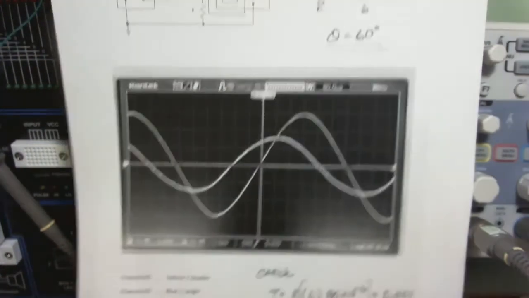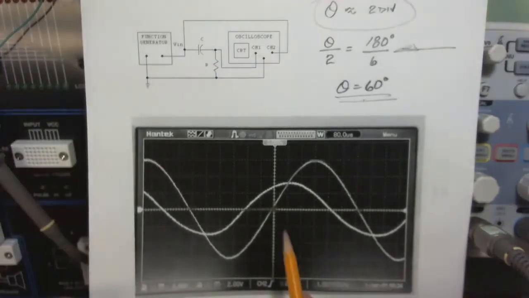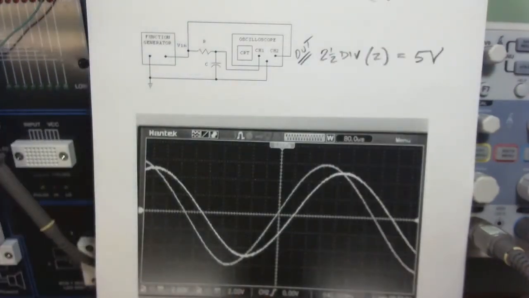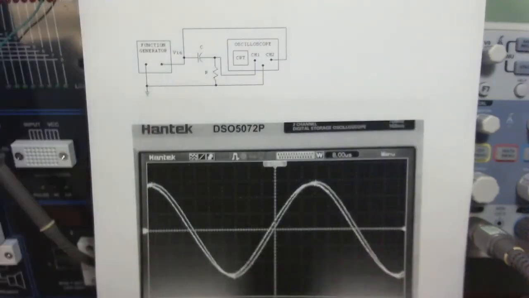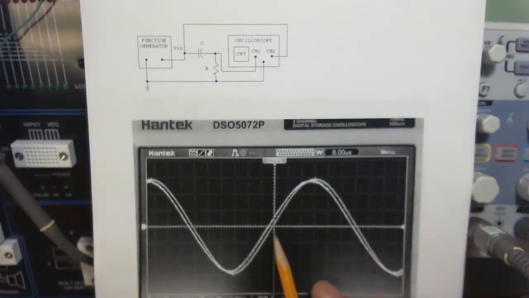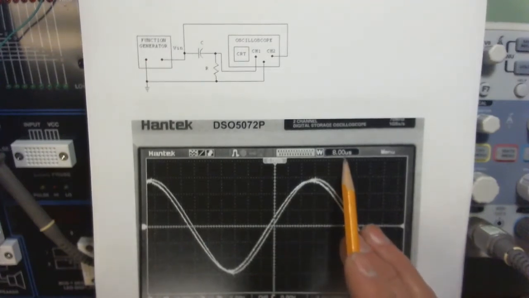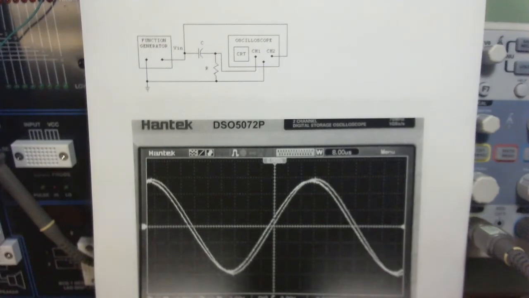So that's how to get the phase shift, and you can do that for all of these cases. Okay, this is still 1,000 hertz. If you move to 10,000, it's a little bit harder, but that looks roughly like about a half division, and we're at 8 microseconds. Okay, so that probably gets you about where you want to go.